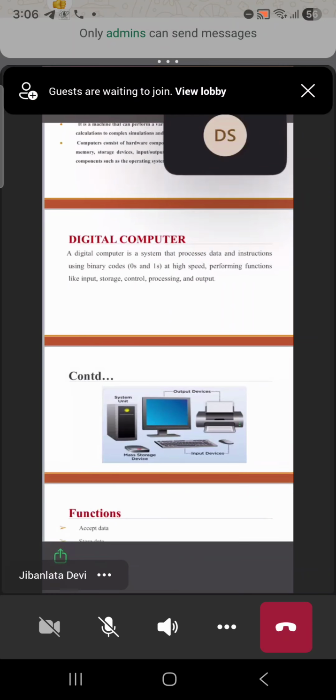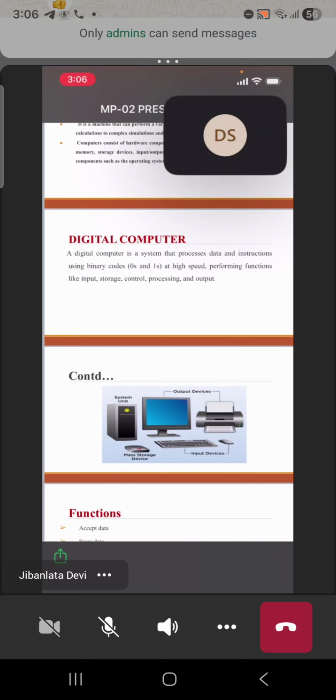So what is a digital computer? A digital computer is a system that processes data and instructions using binary codes, that is 0 and 1, at a very high speed, performing functions like input, storage, control, processing, and output.